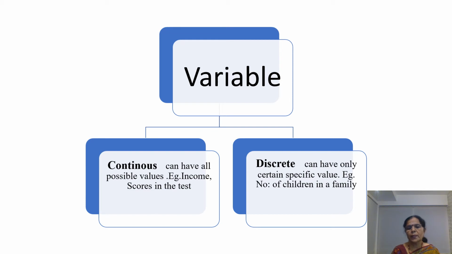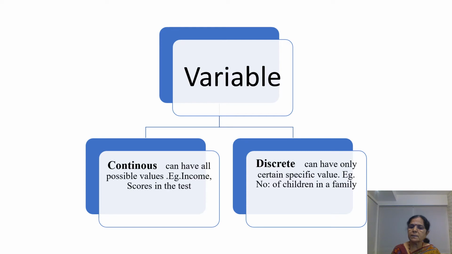Now that we have defined variable, we will see how they are classified. There are many ways in which variables can be classified. One way is to group them as continuous or discrete variables. Continuous variables will have all possible values. One example is height.